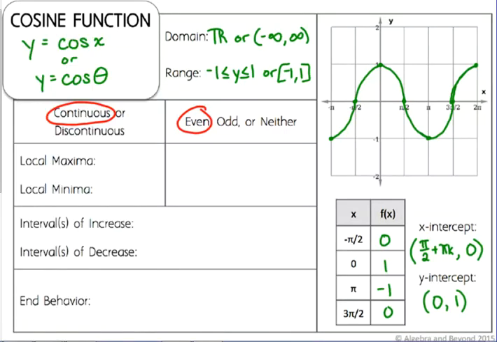Okay, let's see here. Our maximum value happens at 0. It happens at 2 pi. So if we write this in the same way that we did the other, it's 2 pi k. We'll produce all of our maximum values, 2 pi k.